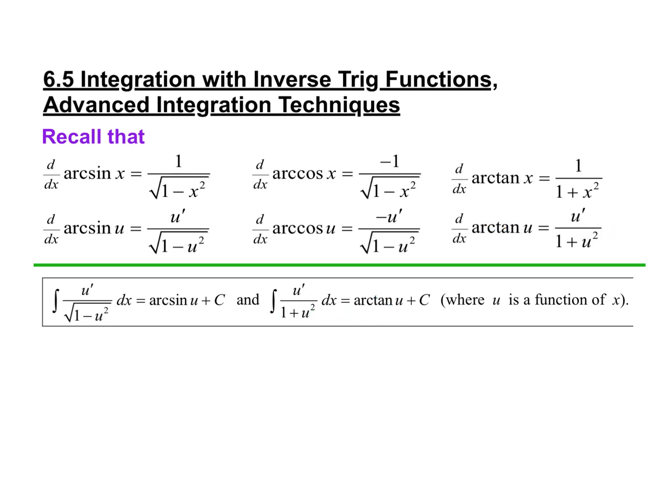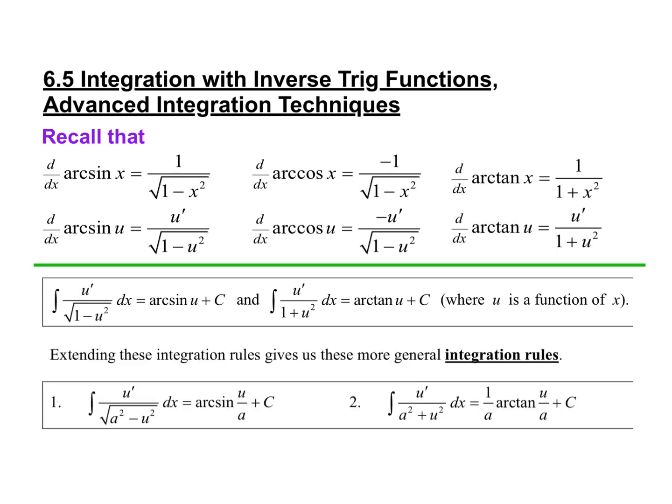And then we have another version of all of that. If we had a funkier looking fraction, because notice these fractions have ones in them. They're not always going to be ones. If this a was a 1, then these formulas would look like this.